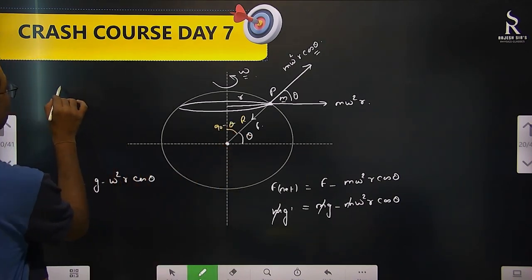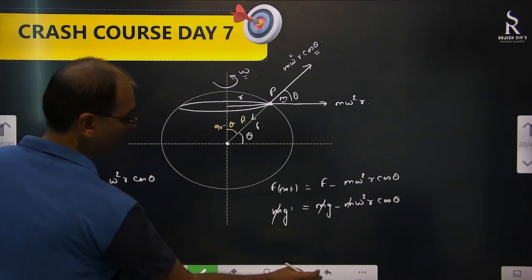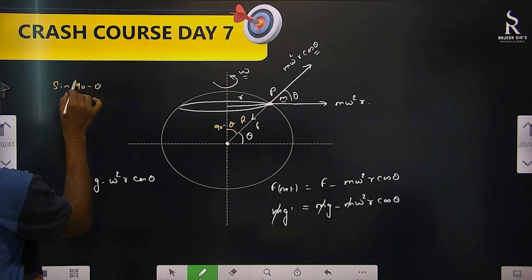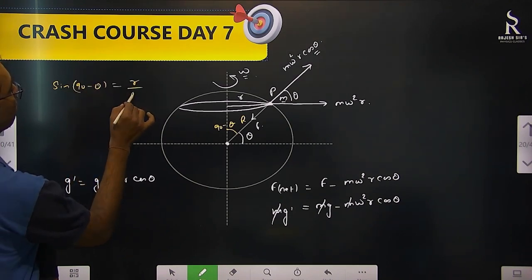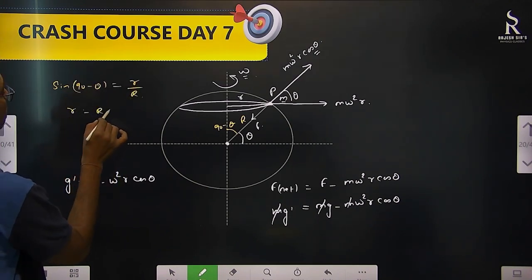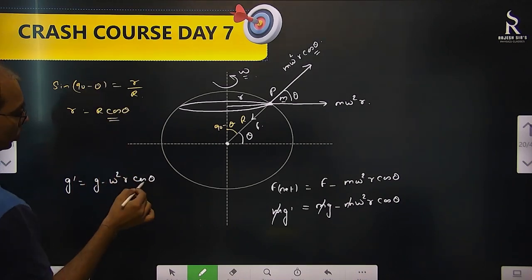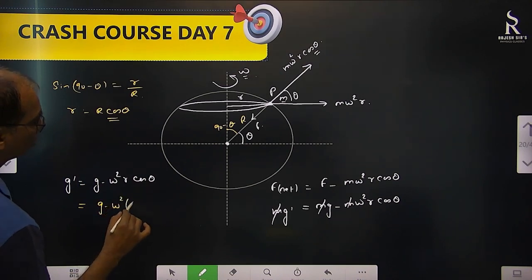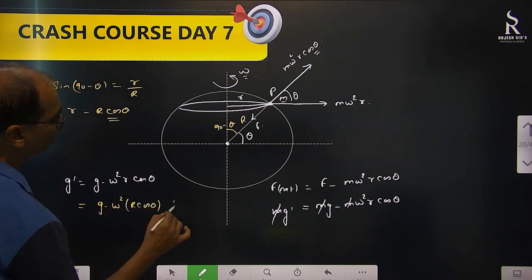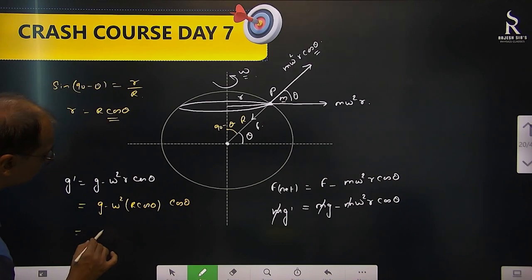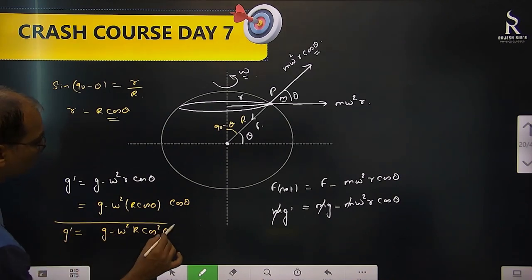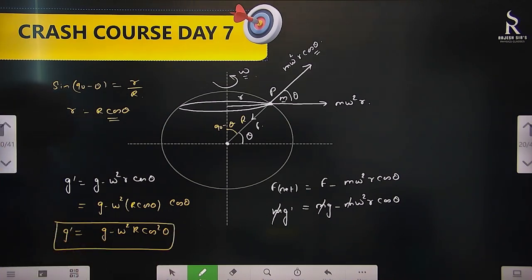So we'll say sine (90 minus theta) equal to r by capital R. Small r is actually R cos theta. Put it here: g minus omega square R cos theta into cos theta. So the formula we get is g minus omega square R cos square theta. This is acceleration due to gravity because of rotation of earth.